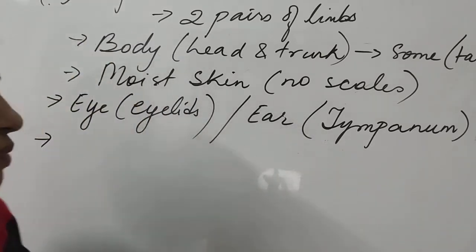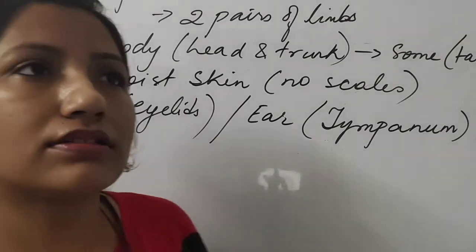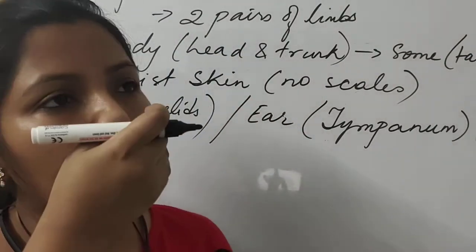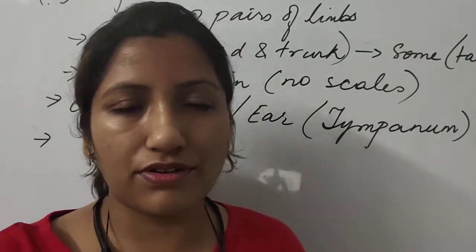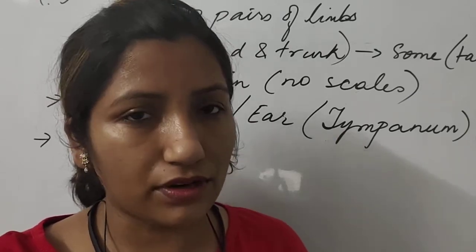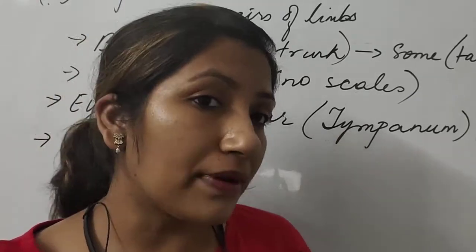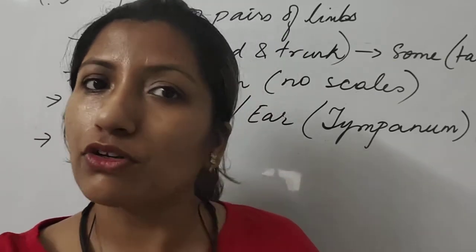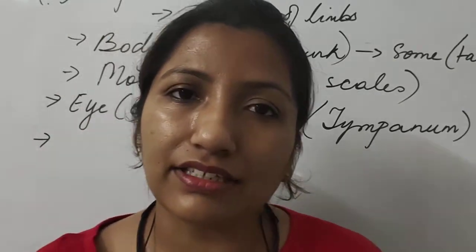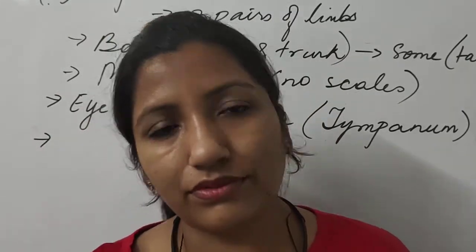Cloaca is one opening. Like in mammals, we have different tracts for different paths: for the reproductive organ we have a different opening, for urinary we have a different opening, and for excreting undigested food we have a different opening.